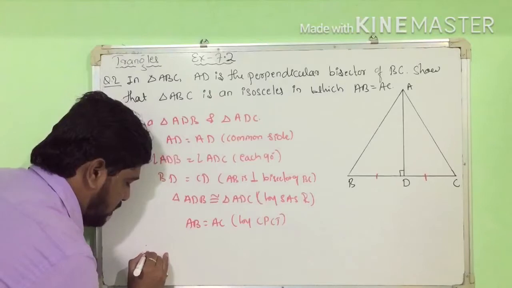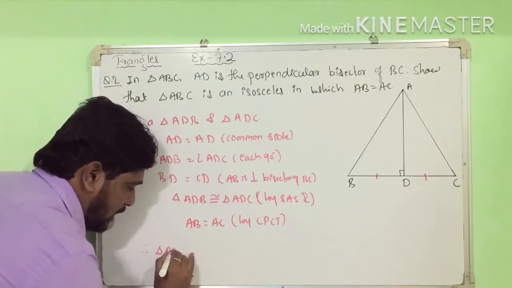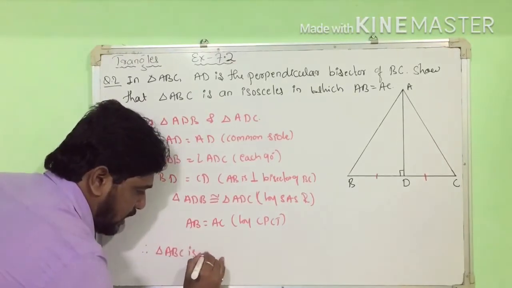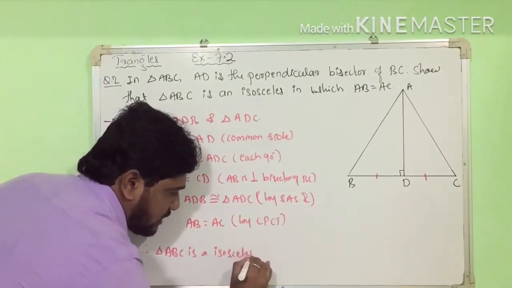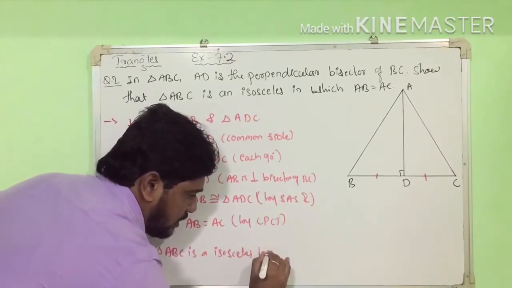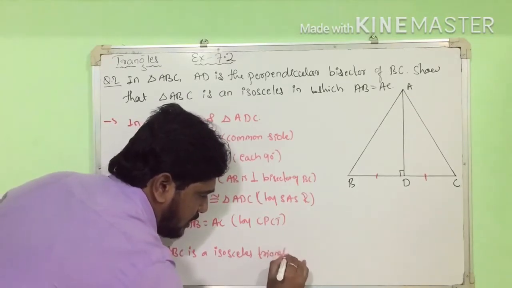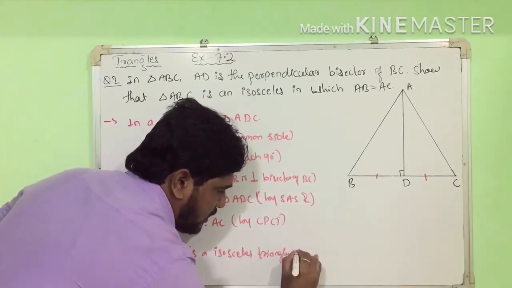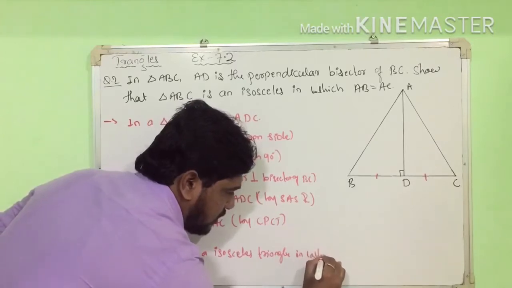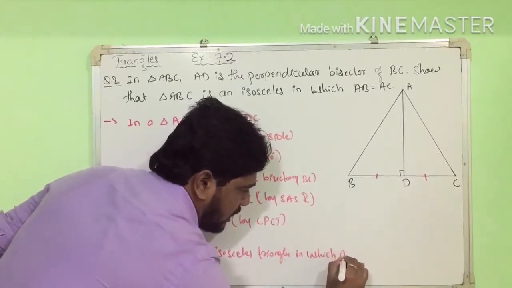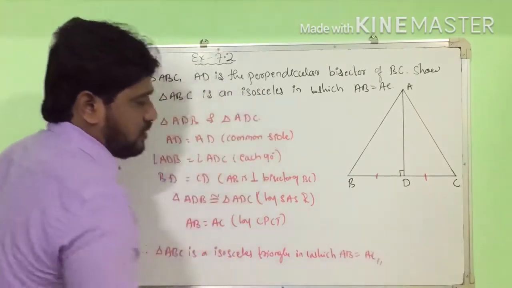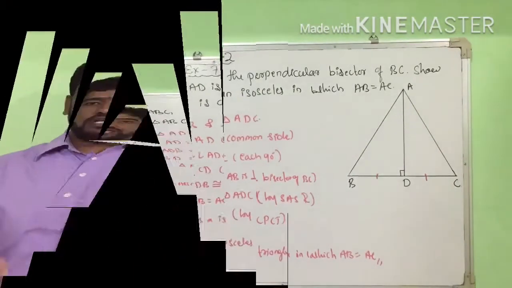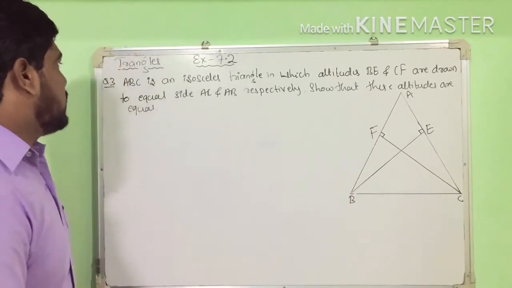Therefore triangle ABC is an isosceles triangle in which AB is equal to AC. Is it clear? Well students, the next problem is the third one.